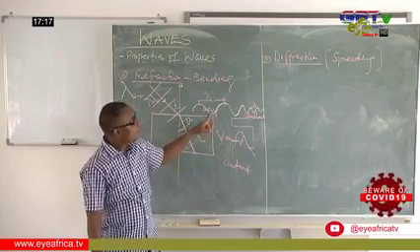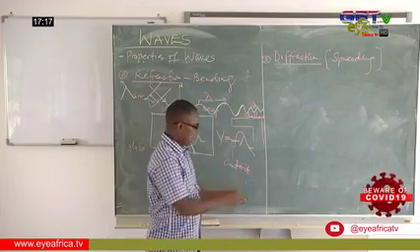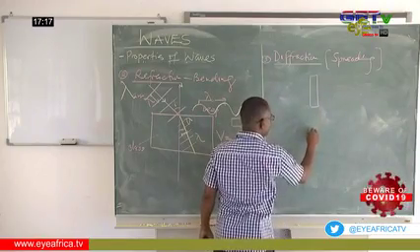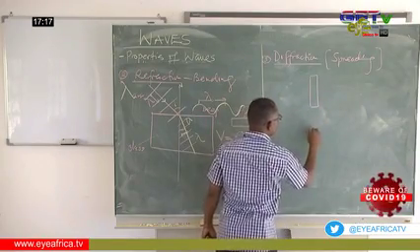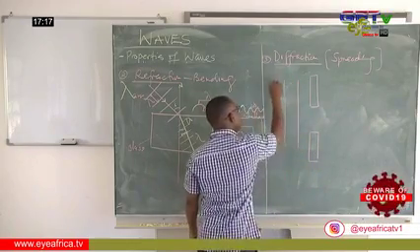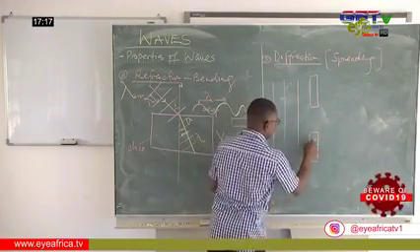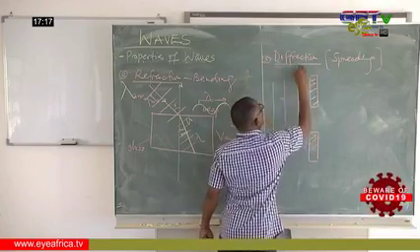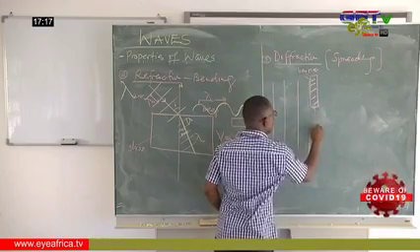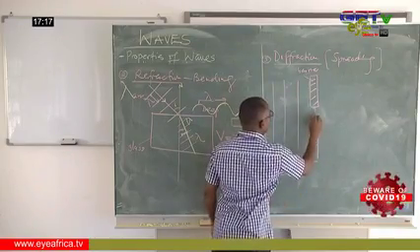Now, if a wave enters, for instance, if the barrier has a wide gap, let me say this is a gap, this is the barrier, and it gives us a wide aperture, that is the gap.